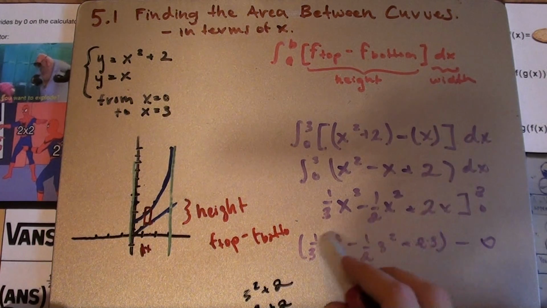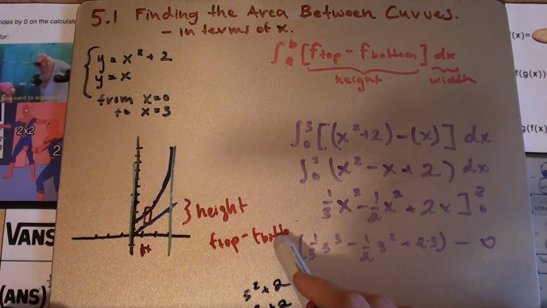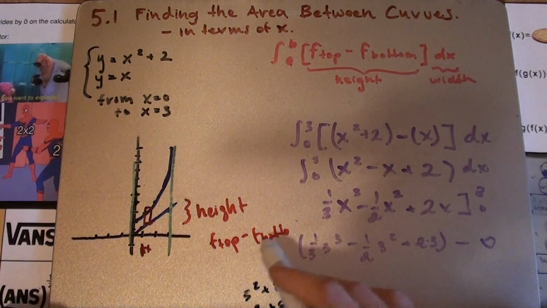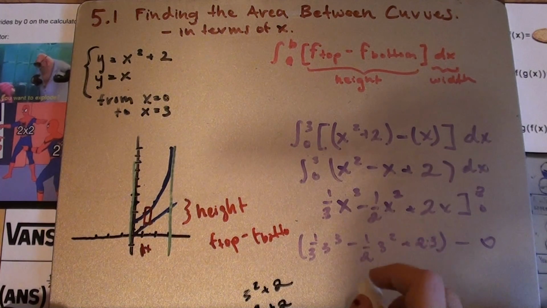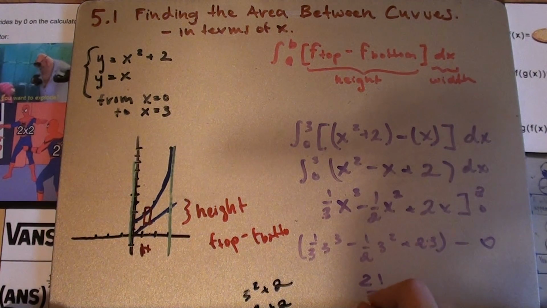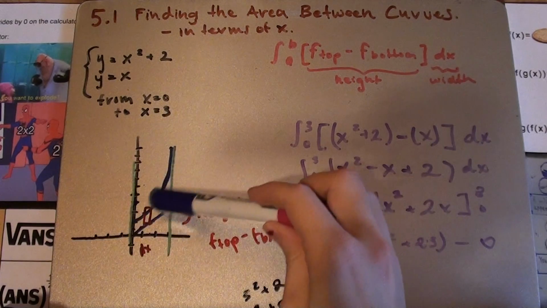And then when we evaluate all of this, plug it into our calculator, or finish adding up our fractions, what we're going to get is 21/2. And you can't see the 2, but that's a 2. 21/2, and that is our area between these two curves right here.